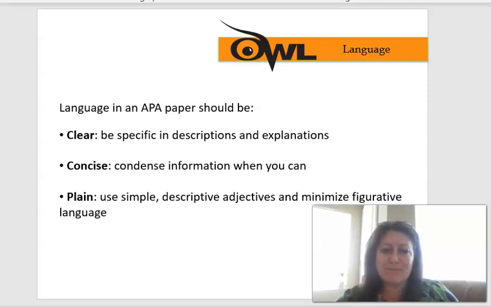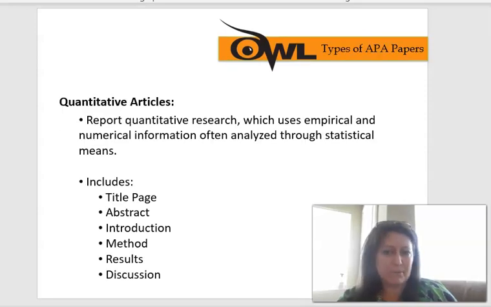You do not want to use figurative language in APA. Remember, we're looking here more in the sciences, and we want to focus on facts, not figurative fluff language. So we want to avoid figurative language as much as possible.